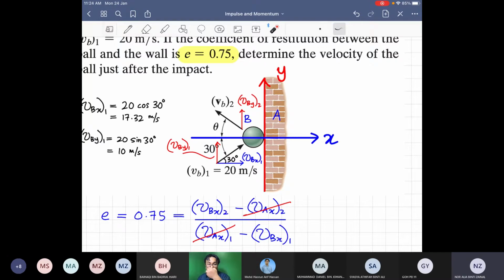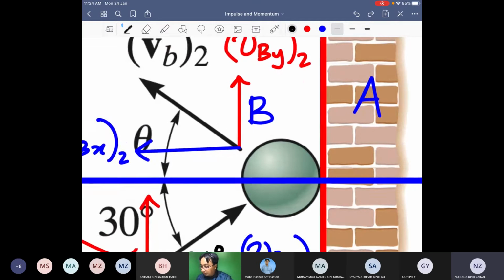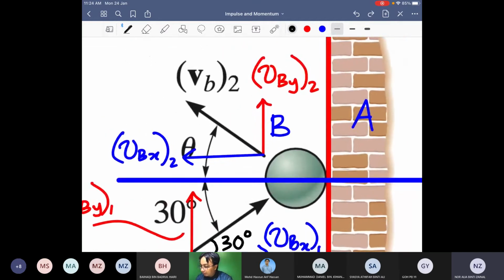So in this case, you have to calculate the theta. Okay, so theta ni sebenarnya dekat sini. This is theta lah, sama dengan theta yang dia bagi tadi.